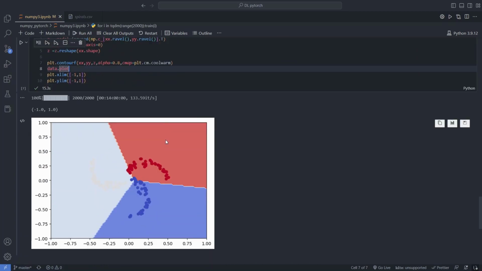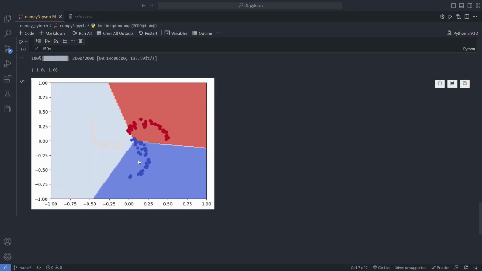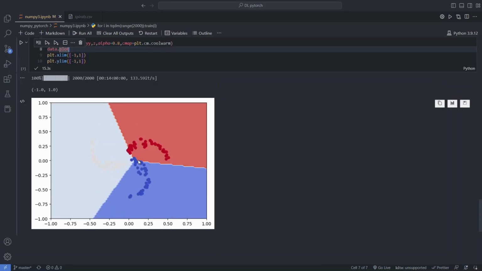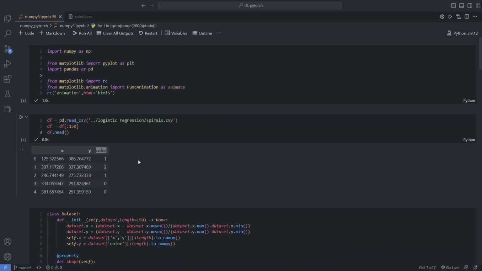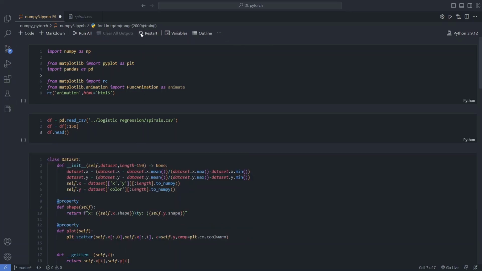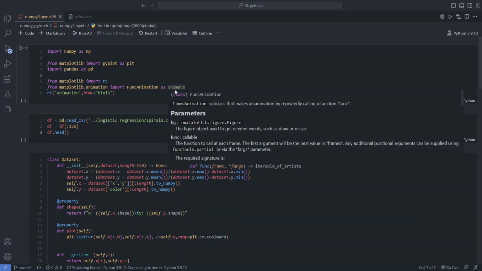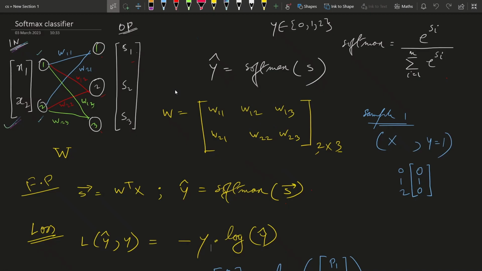And this one is after training, and as you can see, it has done a much better job, quite impressive, I must say, for a linear classifier. Now that this is done, I'll clear the outputs and restart this, and we'll jump into the theory.